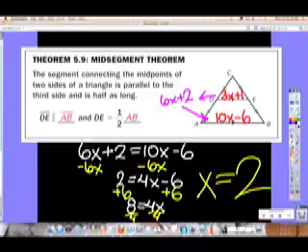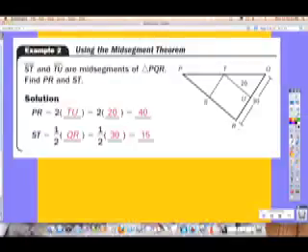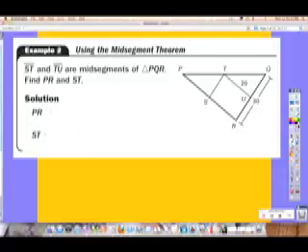Oh, I left the solution on there. That's an accident. All right, but also we can figure this out without the help. So they're mid-segments. What are we looking for? We're looking for ST right here. Here's your clue. Because if this whole thing is 30, what's just this little piece? Perfect. And this piece? So slide on up.